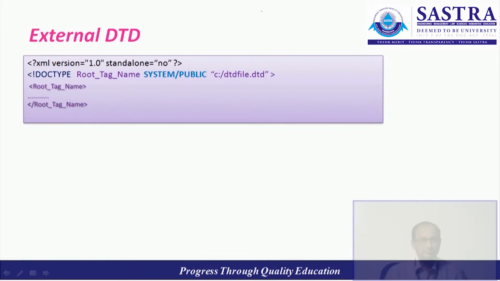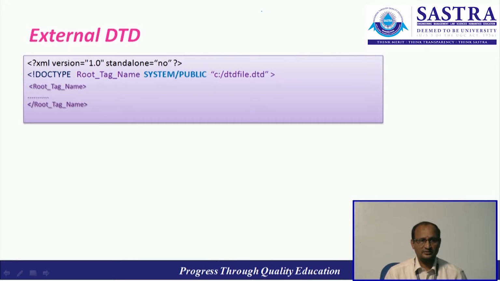External DTD is our topic today. In the previous section we discussed how to create an internal DTD for the XML document. First step, we have to write the DTD as an internal one and we have to write the XML document.